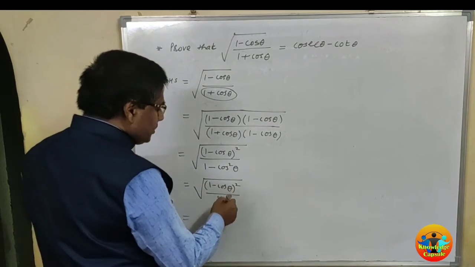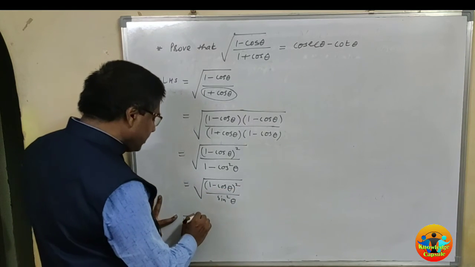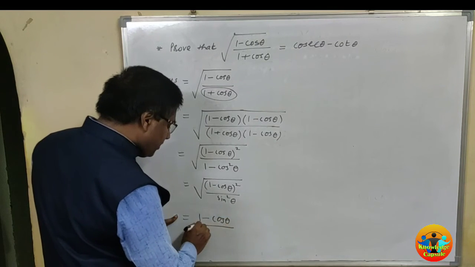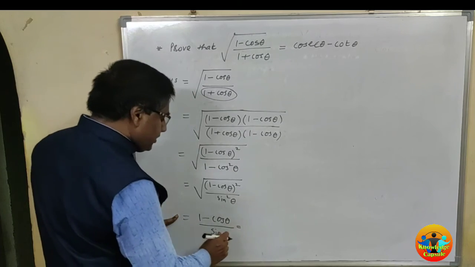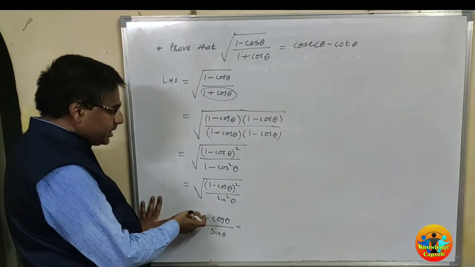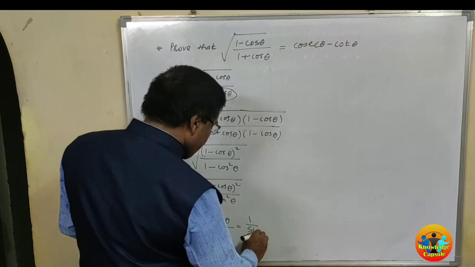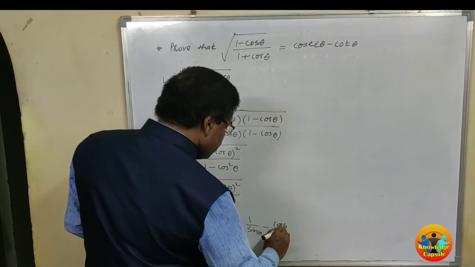Removing this root, as we have square terms in the numerator as well as the denominator, this can be written as 1 minus cos theta upon sin theta. Now further simplifying it, this can be written as 1 by sin theta minus cos theta upon sin theta.